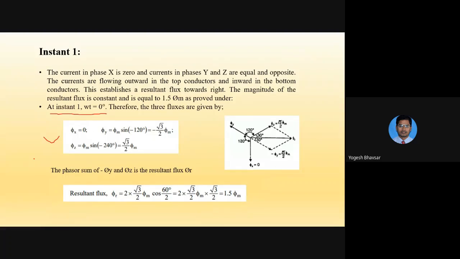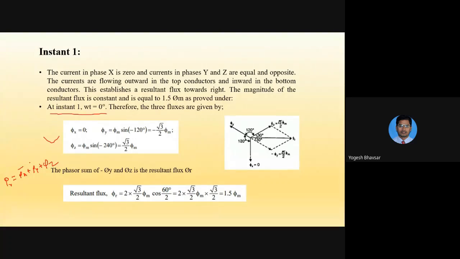Phase phi x, phi y and phi z, and we need to calculate the resultant. Then we need to take the vector addition of phi x, phi y and phi z, like that. Phi r is equal to phi x, then phi y and phi z.